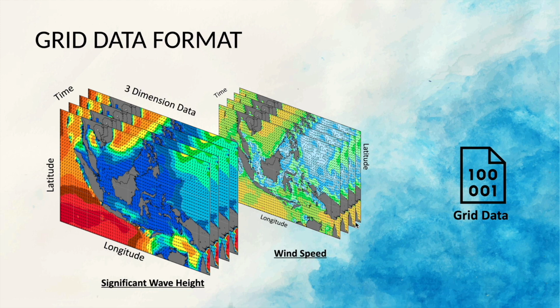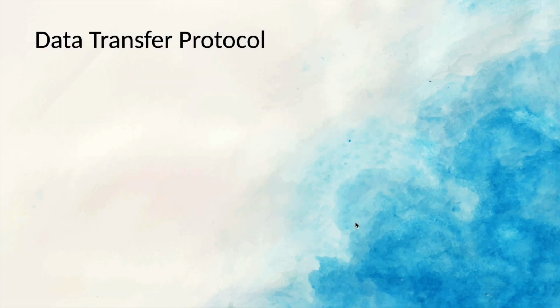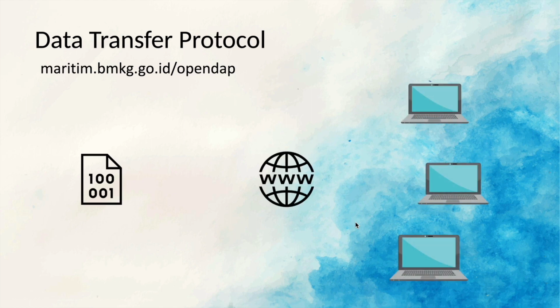So there will be an issue transferring the data. Here we're talking about the data transfer protocol. With a common data transfer protocol like FTP, the whole data will be sent to every client. If there are 3 clients, for example, we need to transfer 3 times.